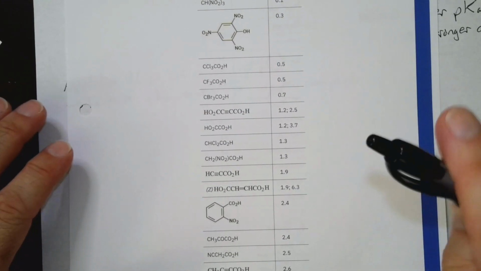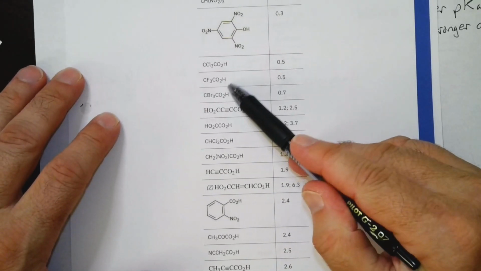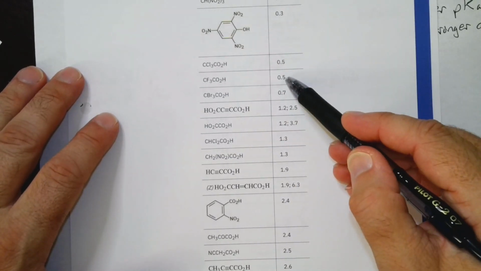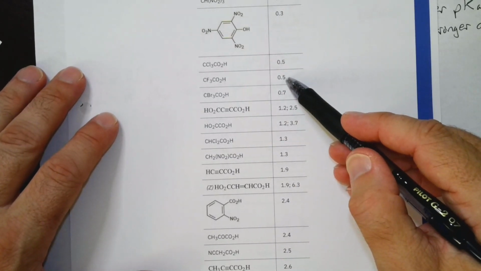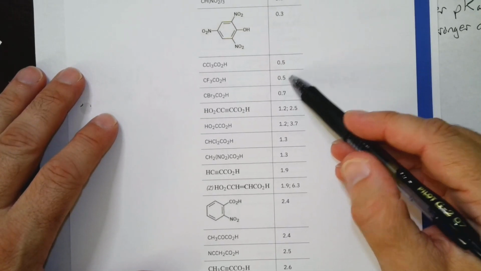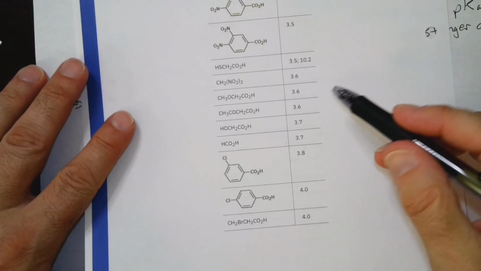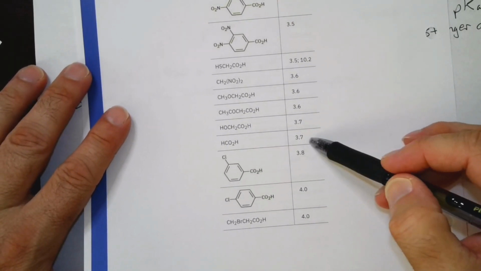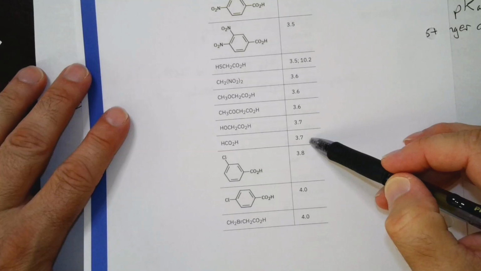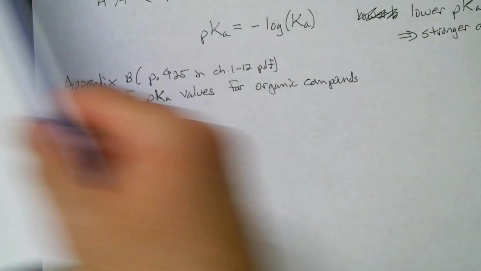Okay. So we can see here that something like trifluoroacetic acid has a pKa of 0.5. That means that it's a stronger acid than something like, I don't know, formic acid, which has a pKa of 3.7. And this table is actually several pages long.